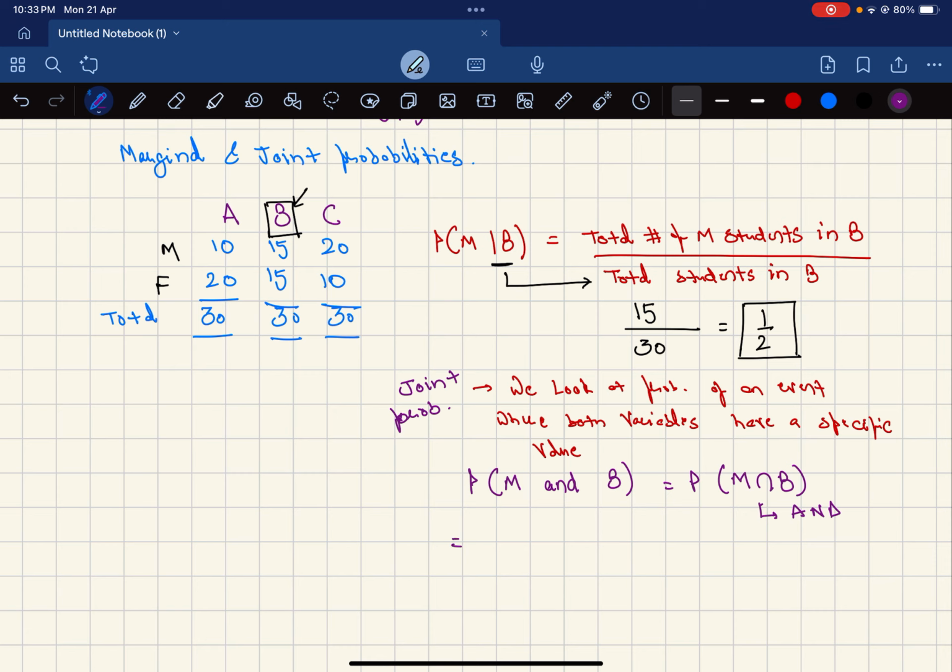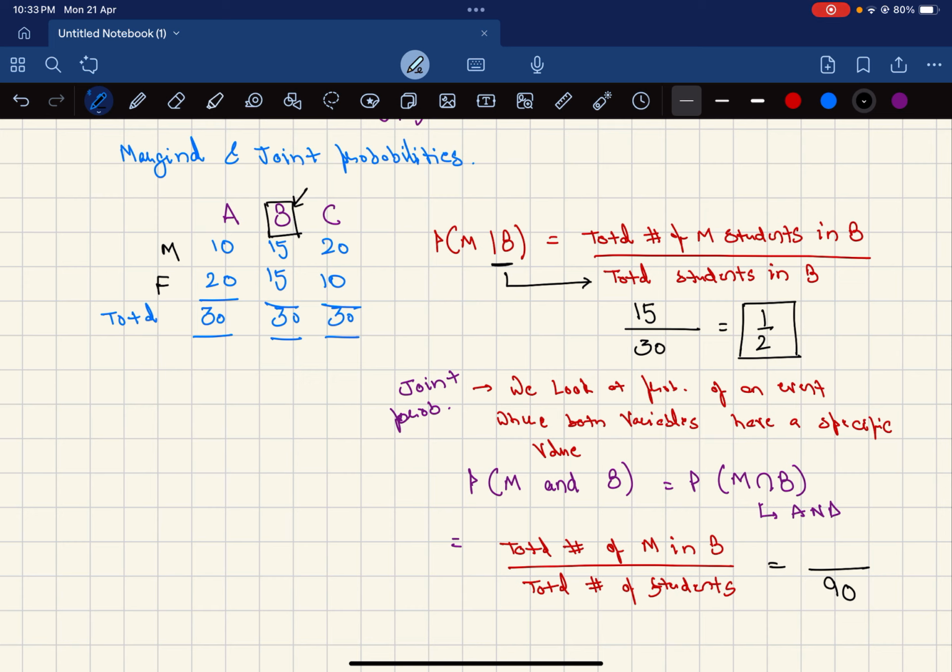This is computed as total number of males in B divided by total number of students in total. Since we have no condition here that we are only drawing from B, we need to take the total number of students, which will be 90, since we have to take the students from each of the three classes here.